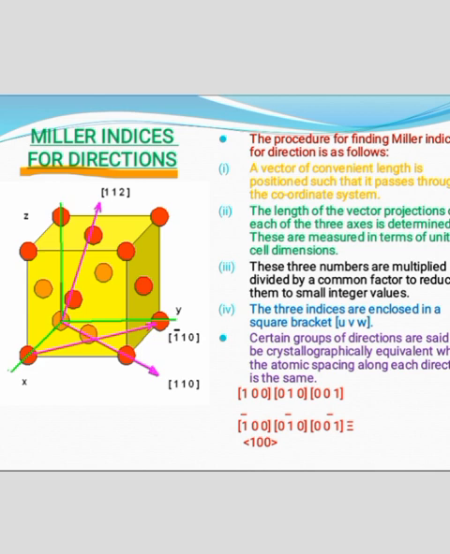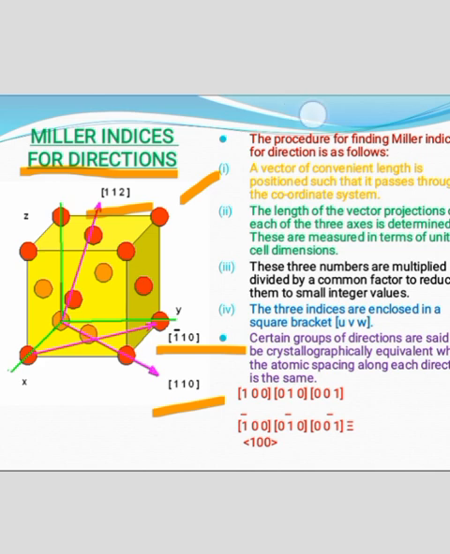In a BCC structure, we have all 4 corner atoms. So we have a 3-dimensional axis: x, y, z. We take a unit length, so x equal to 0, y equal to 0, and here the other one is 1, 1, 2.